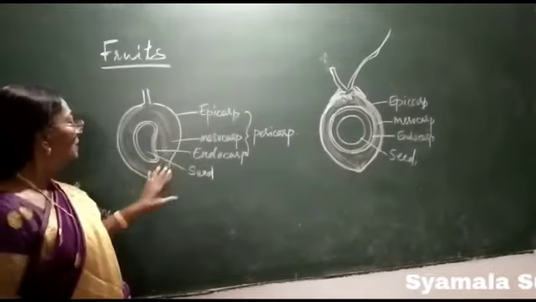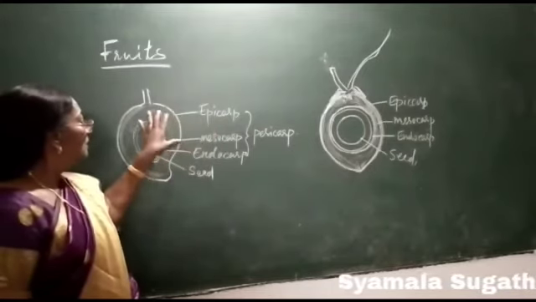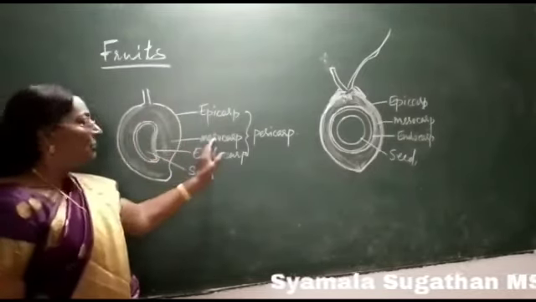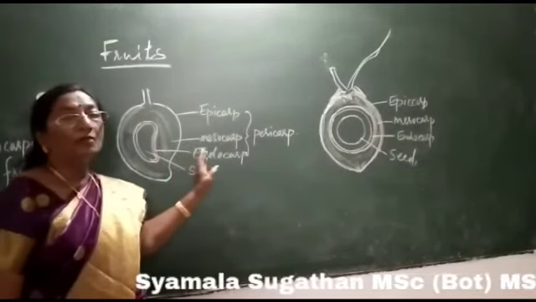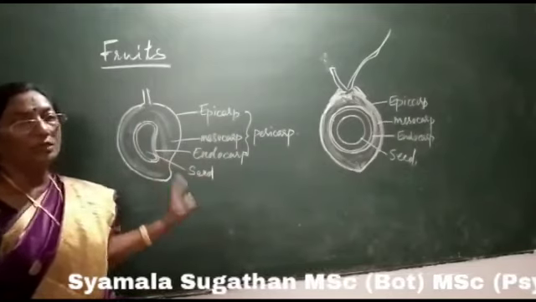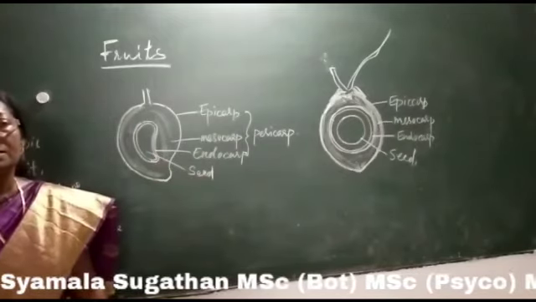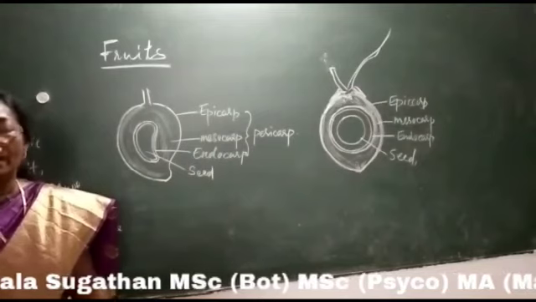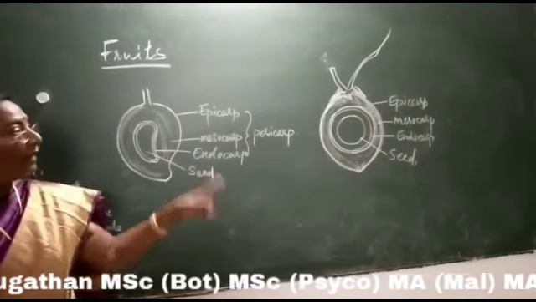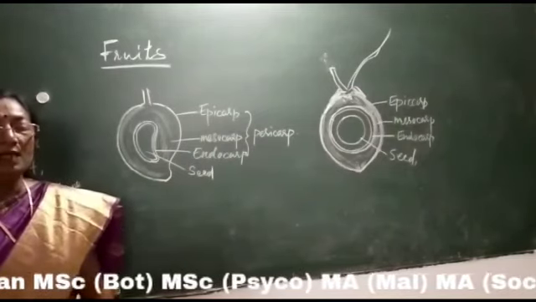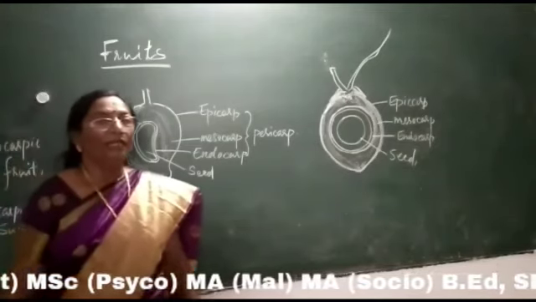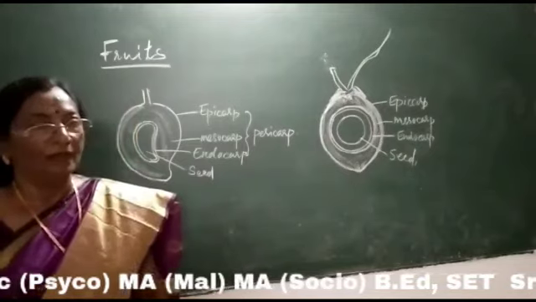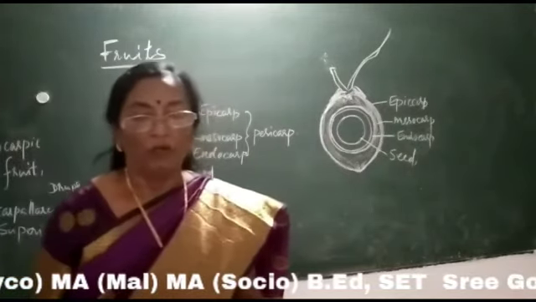The outer region is called the epicarp, the fleshy region is called mesocarp, and the endocarp is the harder region within which the seed is enclosed. The fruit of mango and coconut is popularly known by the name drupe. It is a one-seeded fruit developed from a monocarpellary superior ovary.